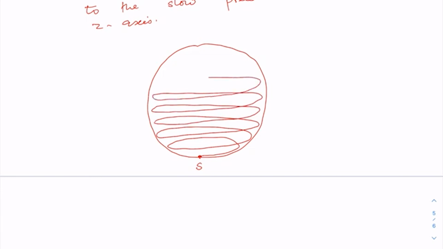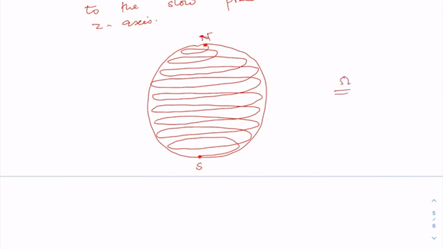It is a slow precession about the z-axis, and finally it reaches the north pole. This slow precession takes place at the Rabi frequency omega, as we already know. So this is the kind of dynamics of the two-level system in the lab frame.